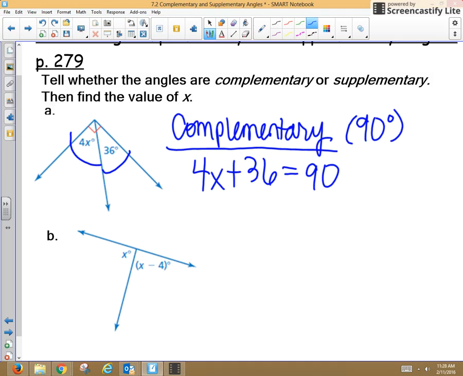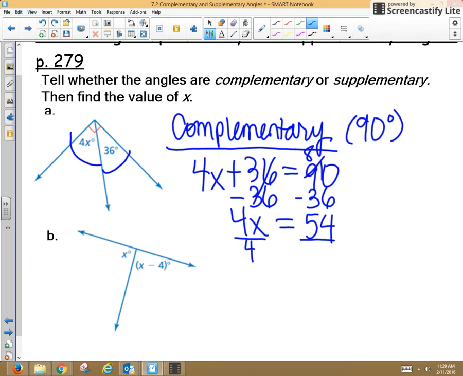I want to isolate the 4x. So my first step would be to subtract 36 from both sides. Bring down everything else. So 4x equals, when I subtract, I get 54. Divide by 4 on both sides. And I'm going to show my work here. 4 goes into 54 once. Subtract 4.